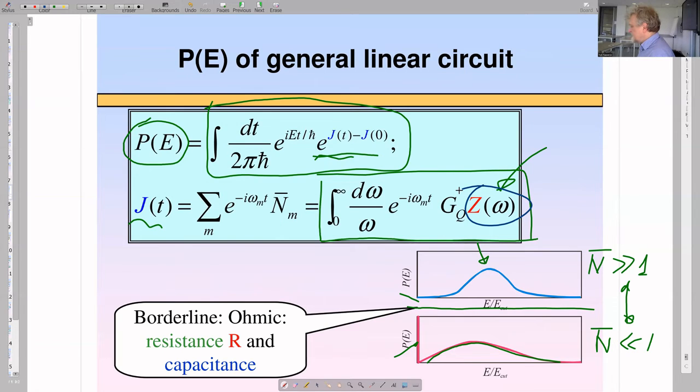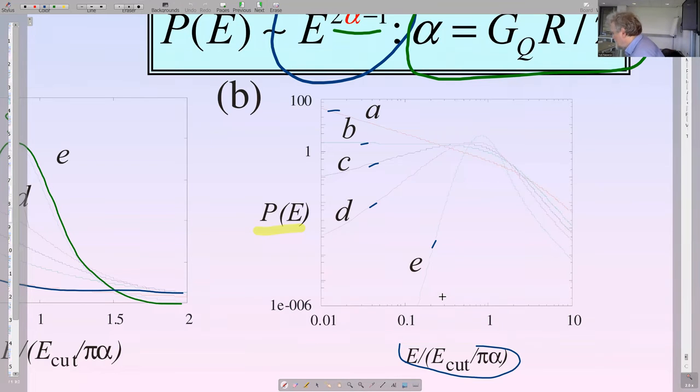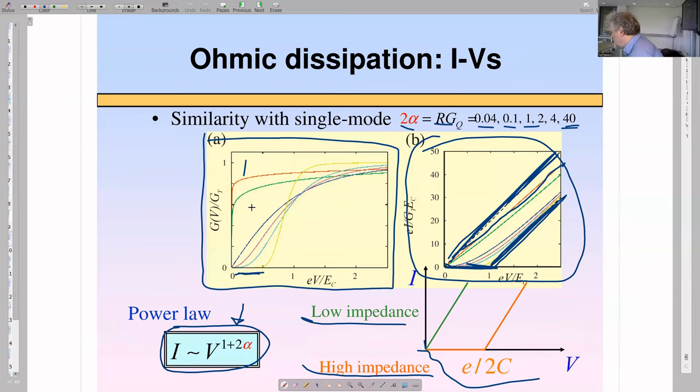There are two classes of P(E) functions: elastic tunneling and no elastic tunneling, and they appear at small and large impedance of the environment. Good. We are interested in the ohmic case, a borderline, and in this case, P(E) is a power law.